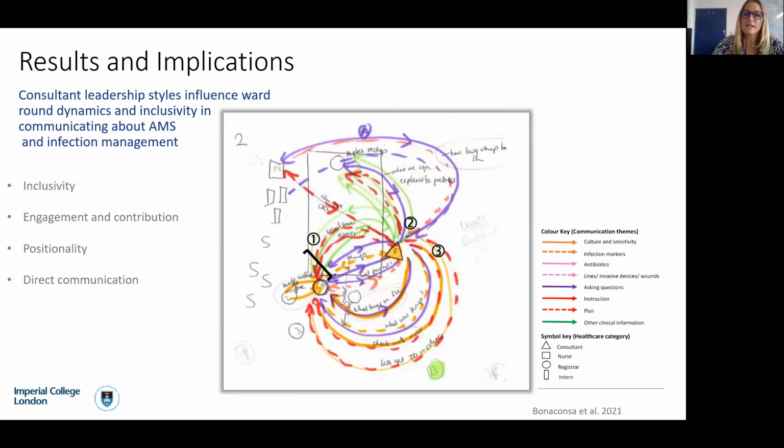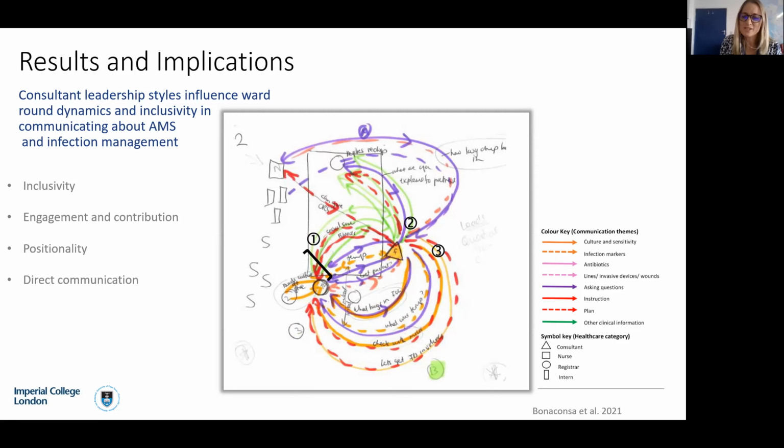Interestingly, the consultant leadership styles really influenced ward round dynamics. We found that as a norm, some consultants included non-medical members by asking questions, engaging them, and asking for contribution.